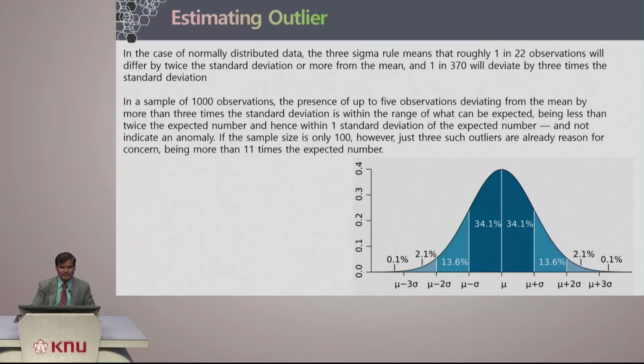Estimating the outliers, again, if you want to estimate the outliers, you can use standard deviation methods. For example, one standard deviation covers almost 68.2%, and if you go to the second standard deviation, you can include more than 90%. And again, if you go to the third standard deviation, it's going to be more than 97, 98%.